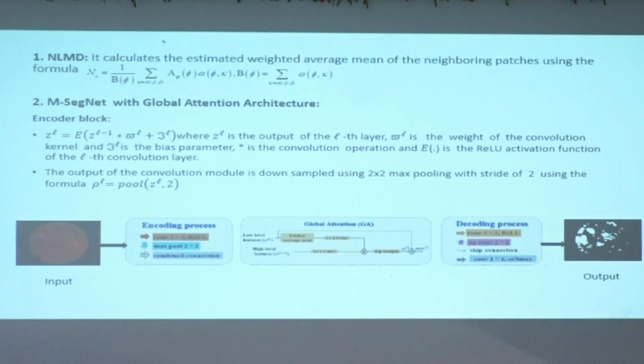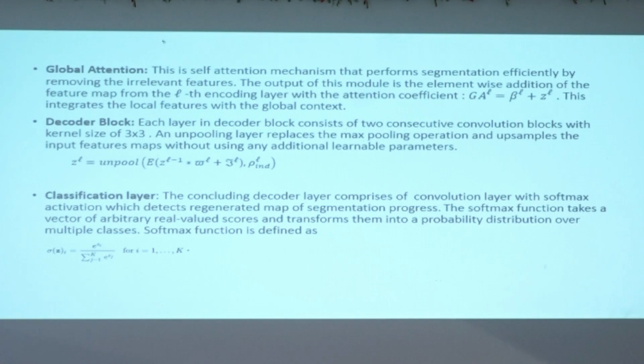Then for the decoding process, it will upsample the image taken from the global attention model. In this state, if the input given is the image of the eye, the output will detect whether it is microaneurysm, hard exudate, soft exudate. So from there the classification is being done.